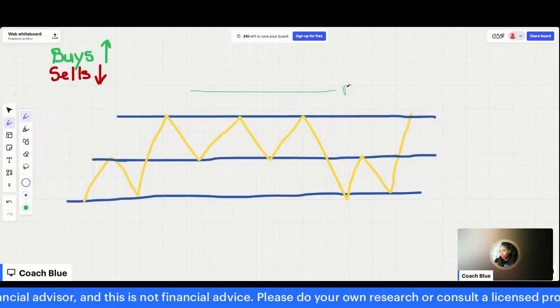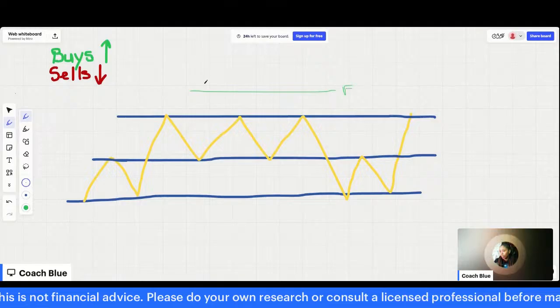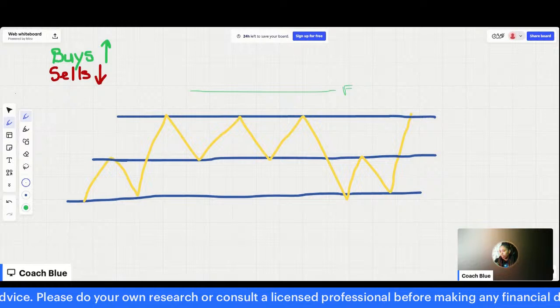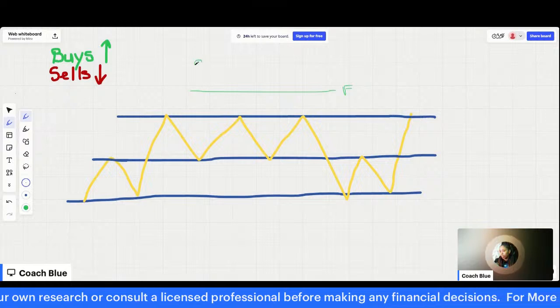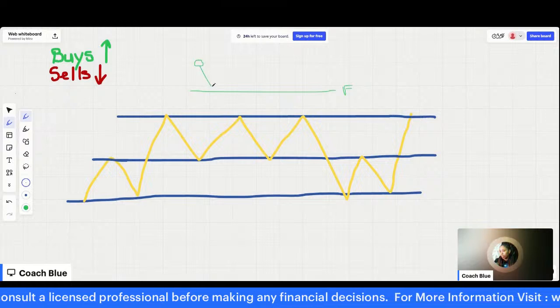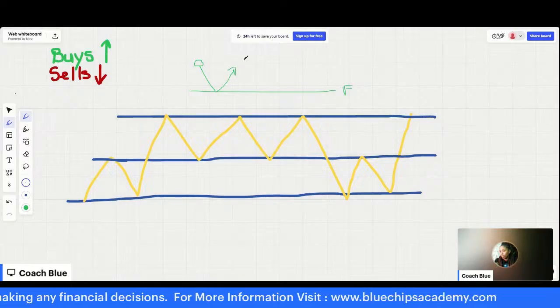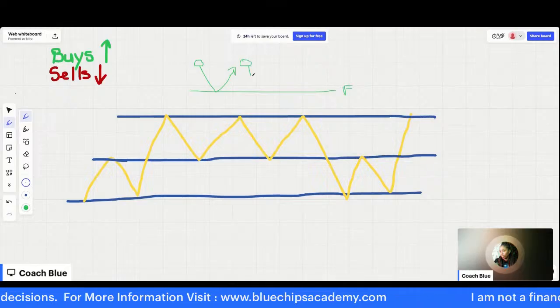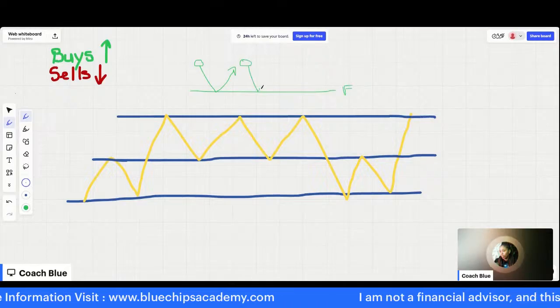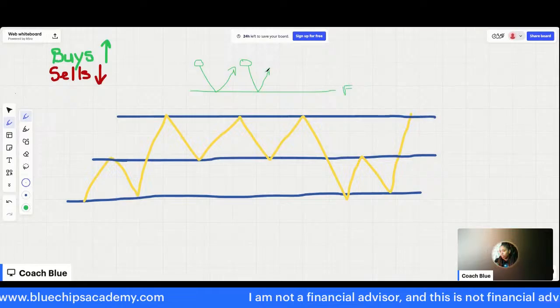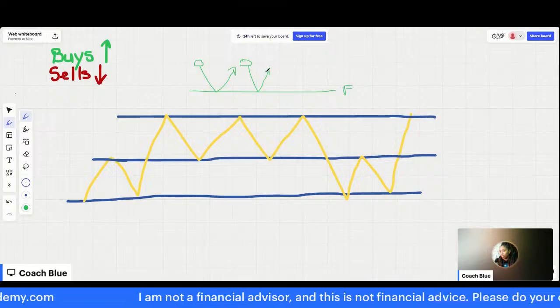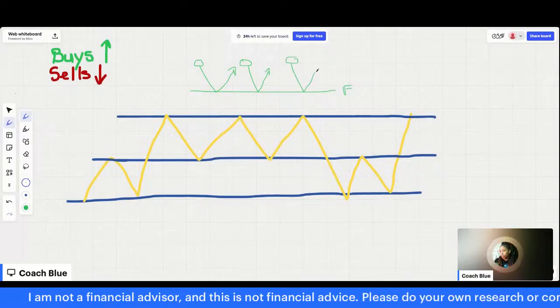When you throw the ball down on the floor, what's the natural reaction? The ball bounces up. You do it again, the ball bounces up. Do it a third time, the ball bounces up.